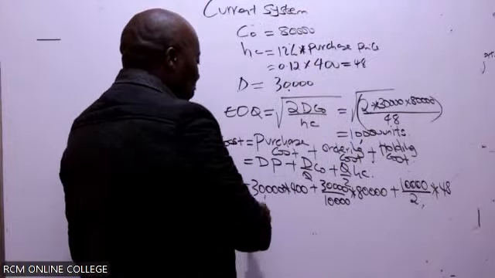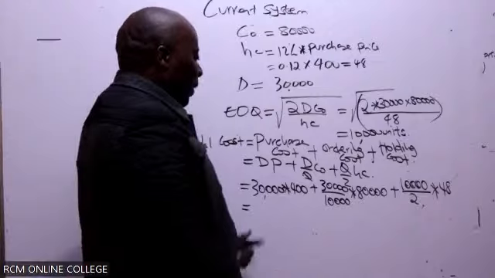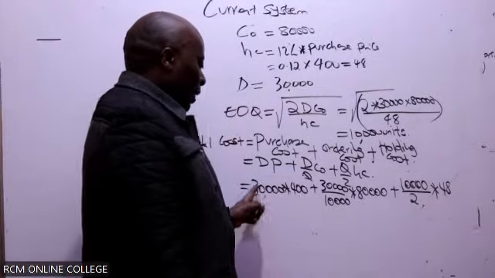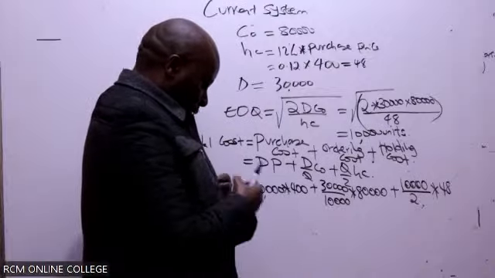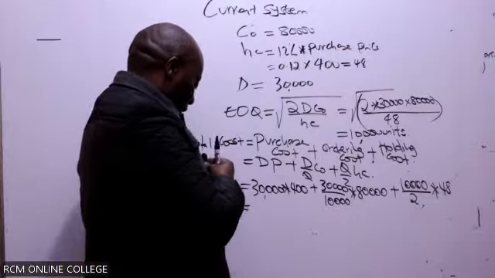I want you to do me a favor. Please give me these numbers one at a time. We start with 30,000 times 400. I know the figures are very, very high, but please give them to me that way. I'm driving at something.